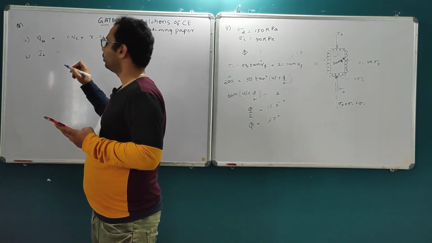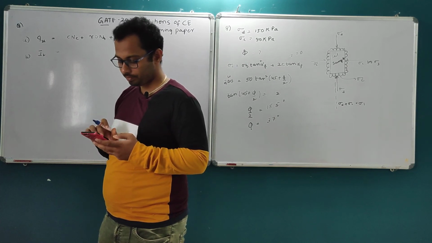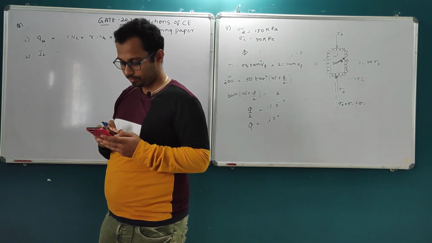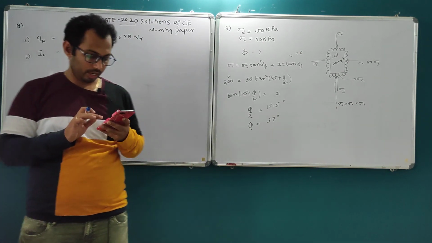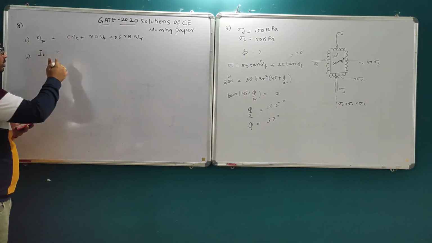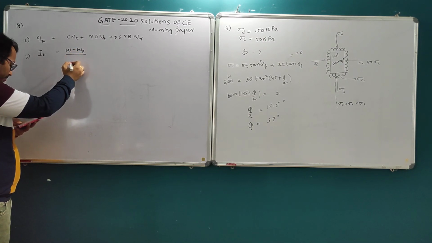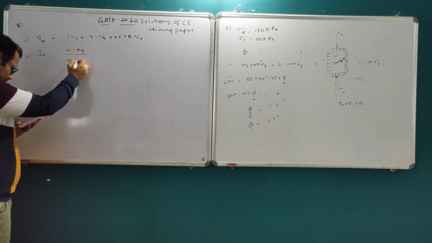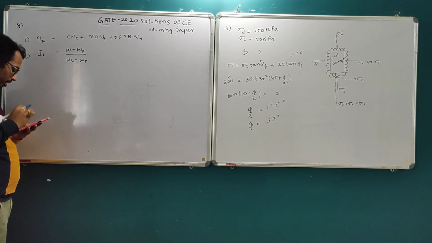Tell me the formula for liquidity index. The formula for liquidity index is (W minus WP) by (WL minus WP).